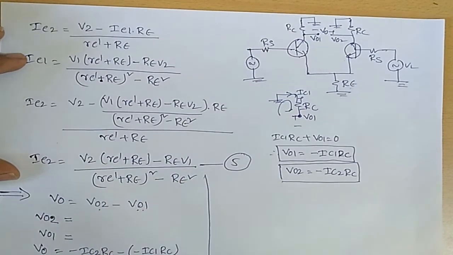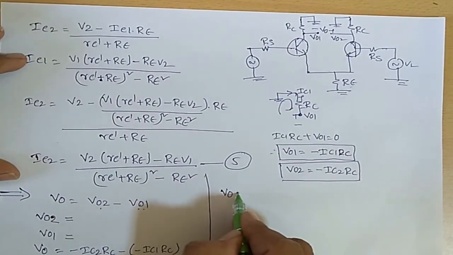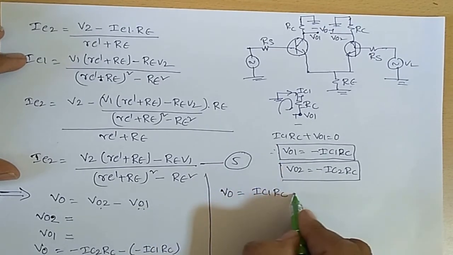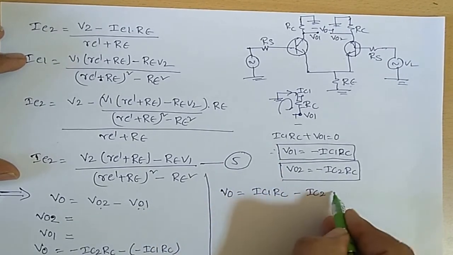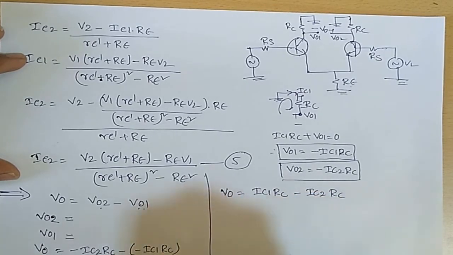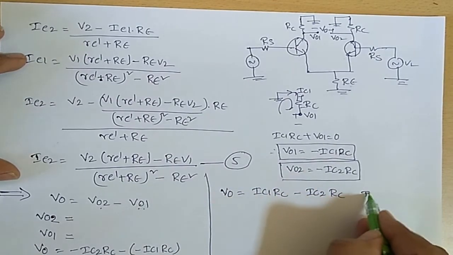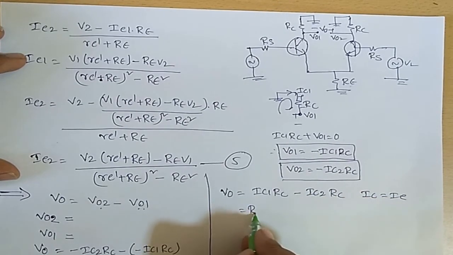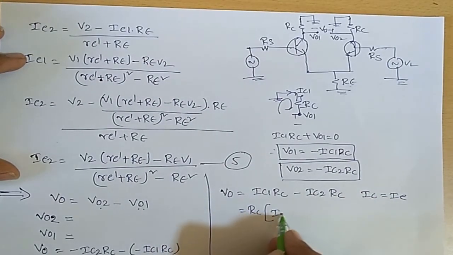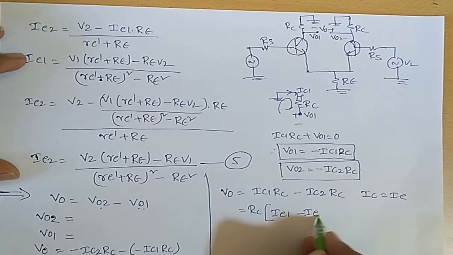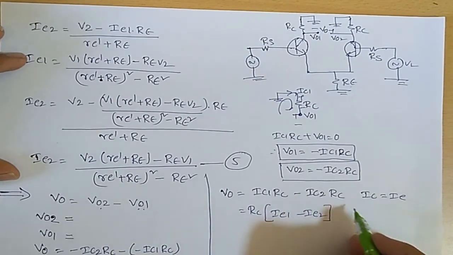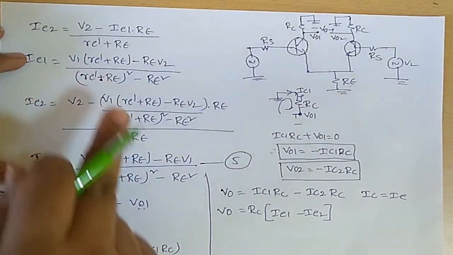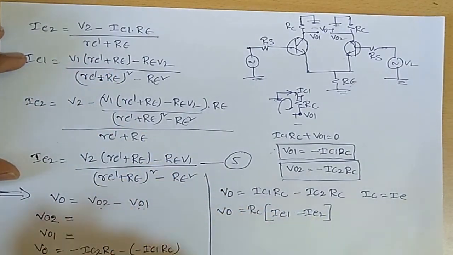Therefore we will get the output voltage equal to IC1 into RC minus IC2 into RC. And we know that in this differential amplifier IC equal to IE, and RC is the common term, that is IE1 minus IE2. Here we are substituting the equation number 4 and equation number 5 terms.